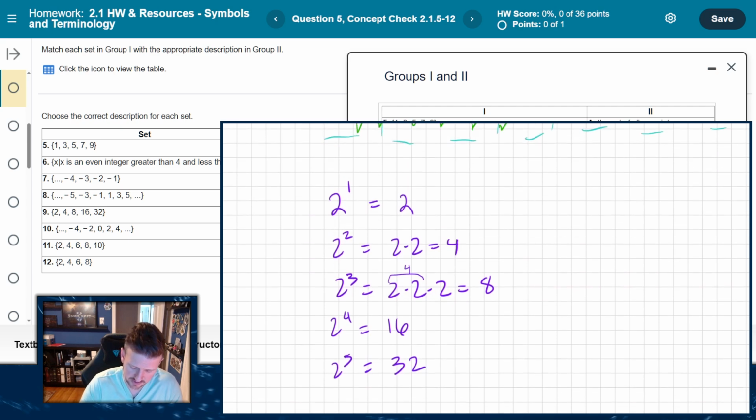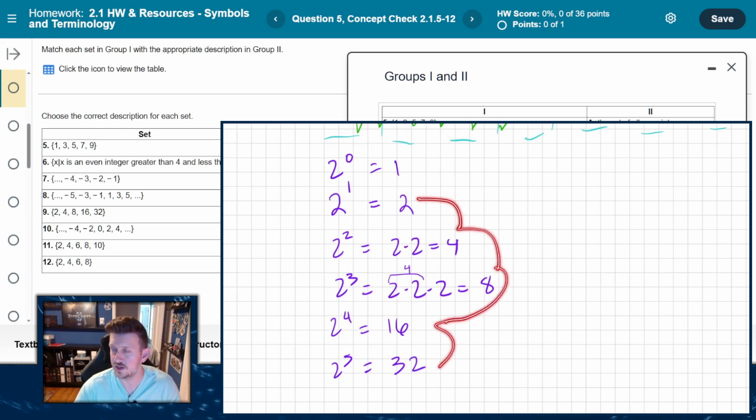One note, just because this might show up, anything raised to the 0 power is actually 1. Look, we can kind of verify that here. Notice when I went 2 to 4, 4 to 8, 8 to 16, 16 to 32, it's a times 2, times 2. Every time I move further up, it is a times 2 situation.